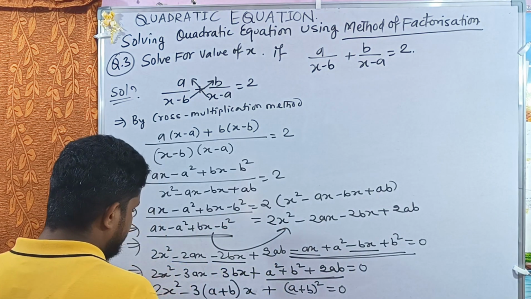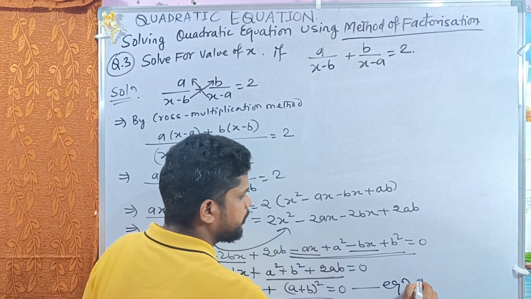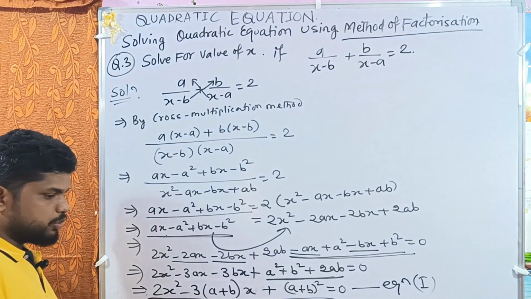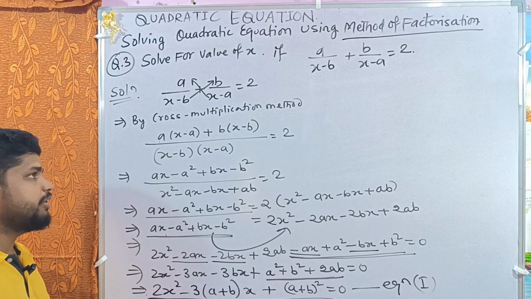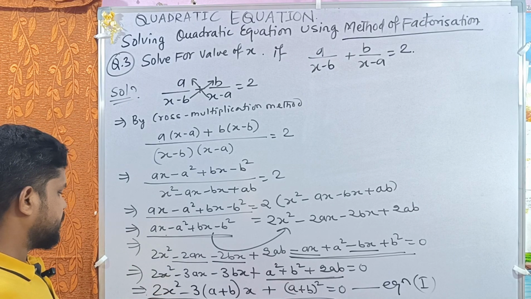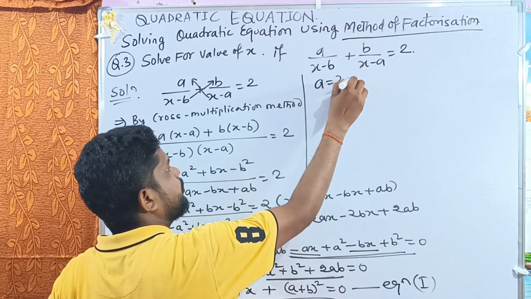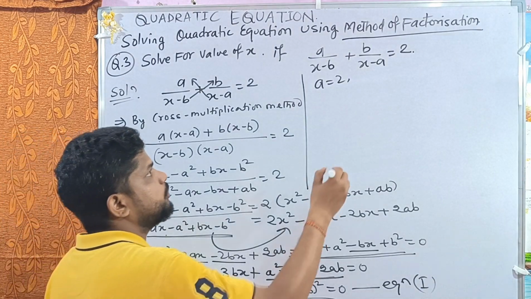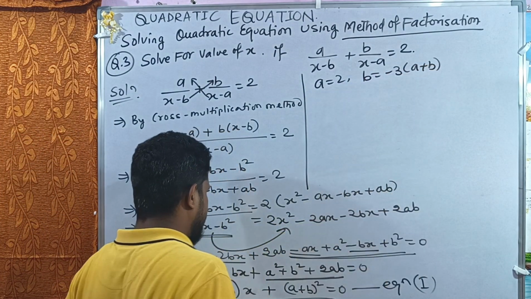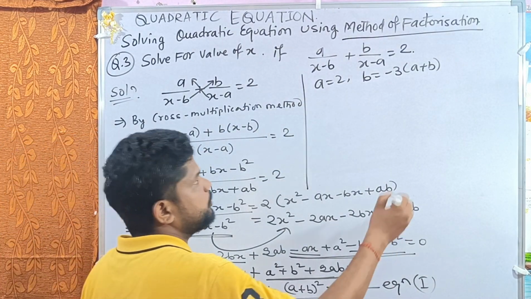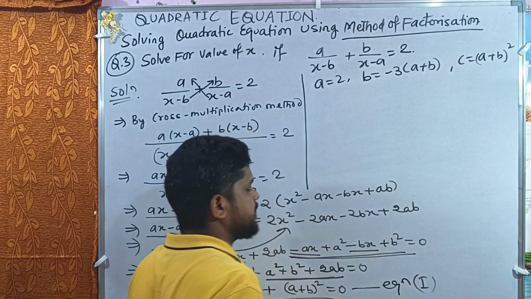Let us say it is equation number 1. If we compare equation number 1 to our standard form, we get the value of a equals 2, the value of b equals minus 3(a plus b), and the value of c equals (a plus b) whole square, isn't it?